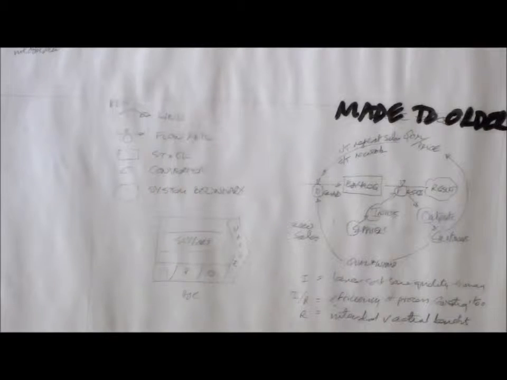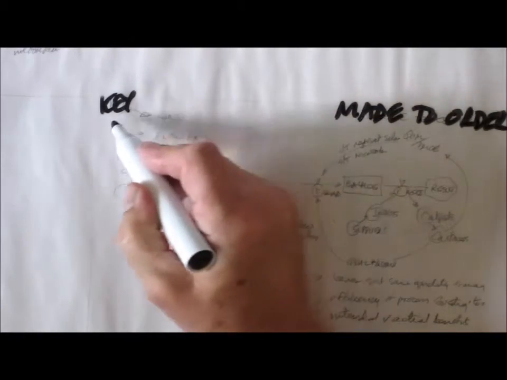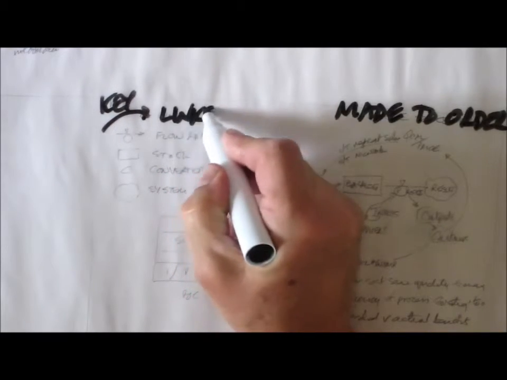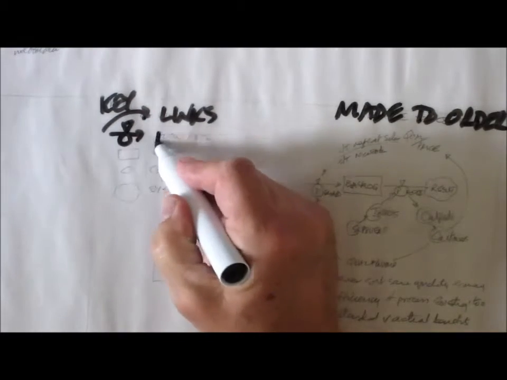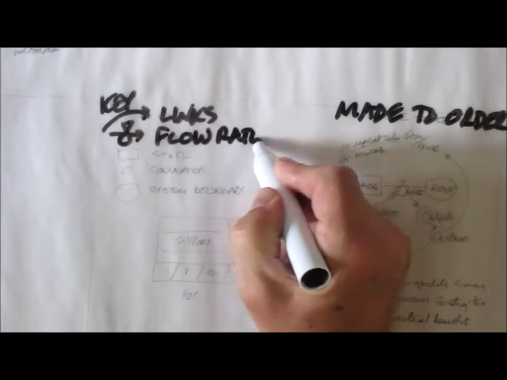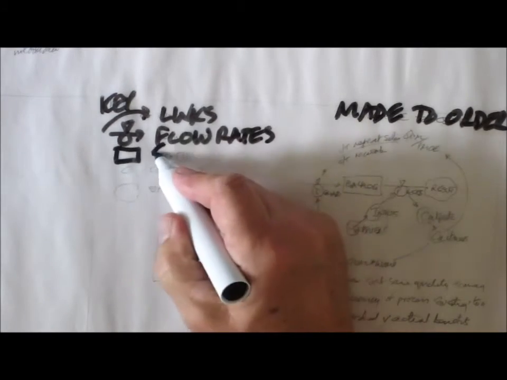And we're going to use a few key terms. So, key to this are links. This thing's called flow rates to build a model. These boxes called stock.